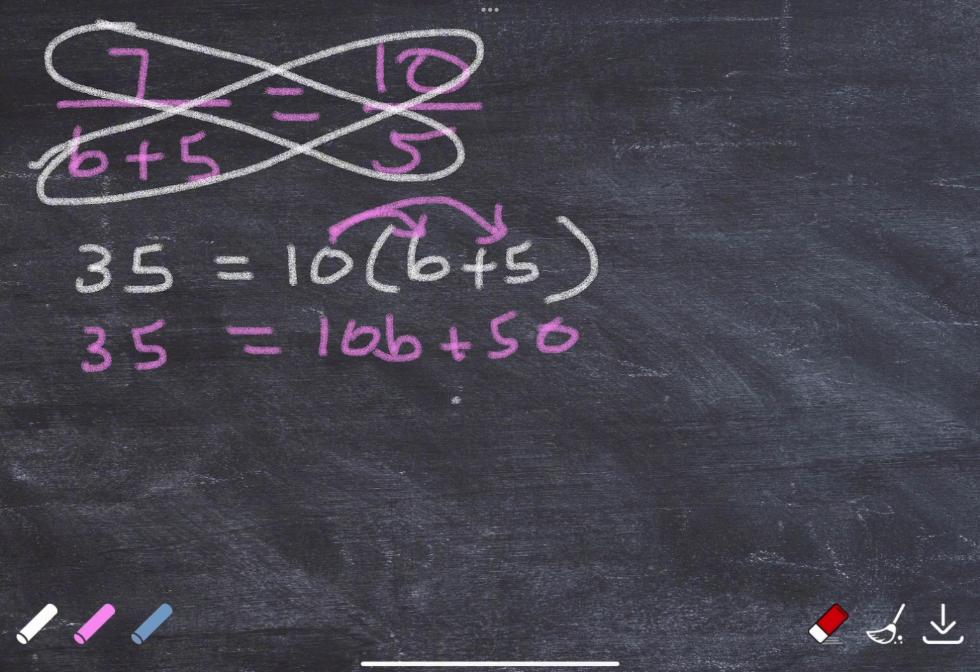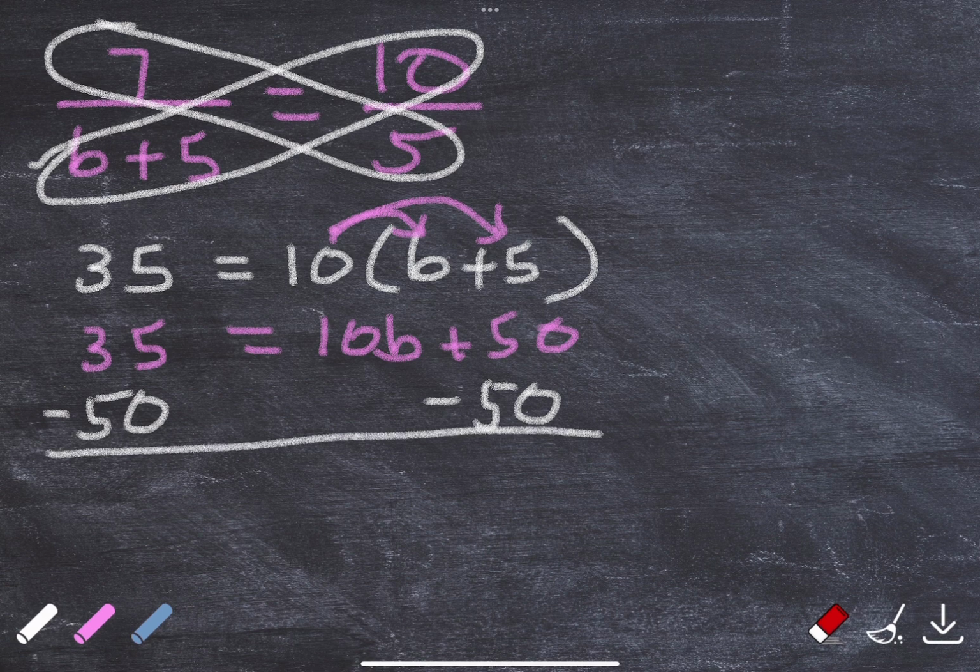I'm going to try to put all the constants on one side, so I'll subtract 50 from both sides of the equation. It's going to give me a negative number, right? 35 minus 50 is negative 15. And on the other side of the equation, I'm left with 10b.